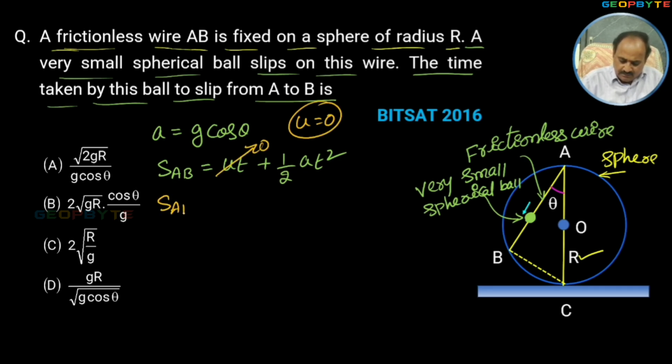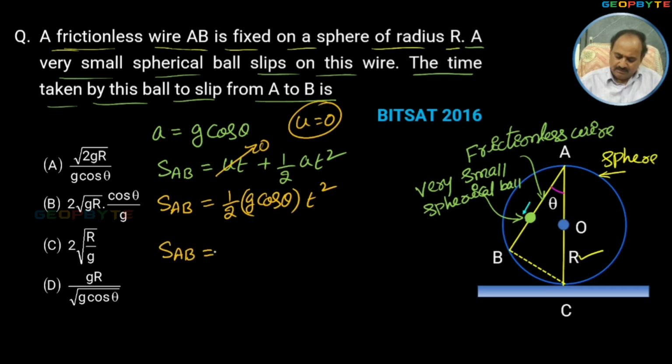Then the distance traveled by the small spherical ball equals half into g cos theta into t square. This is equation 1. But the length of the wire AB equals 2r cos theta. This is equation 2.